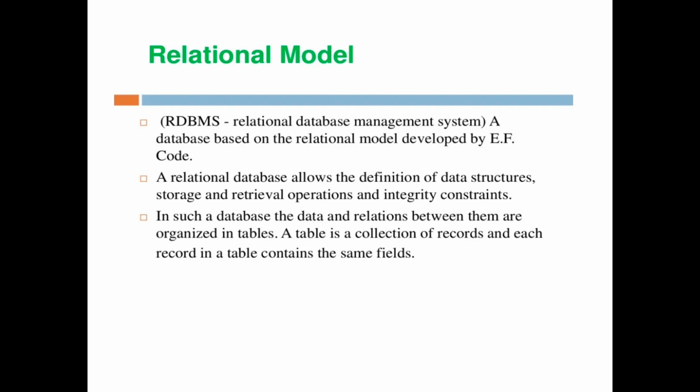A relational database is based on the relational model developed by E. F. Codd. A relational database management system allows us to define data structure, storage, retrieval operations, modification, access, and integrity constraints. In this way, the database organizes data into tables. What is a table? A table is a collection of records, and each record contains data fields.